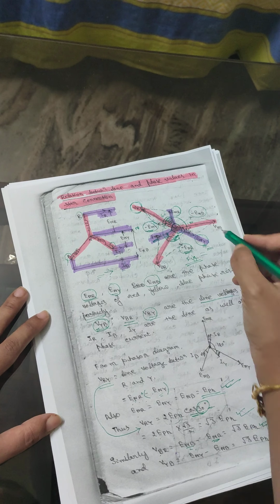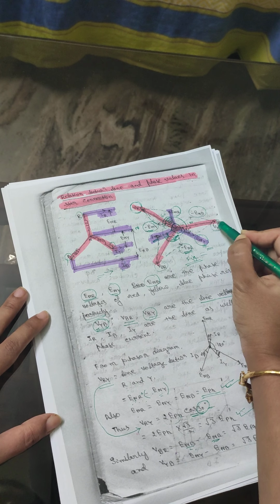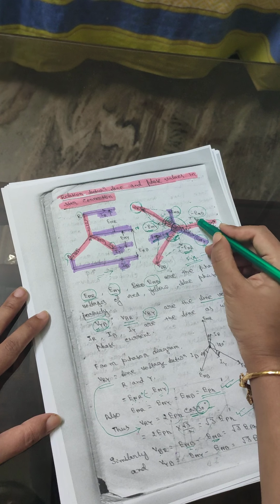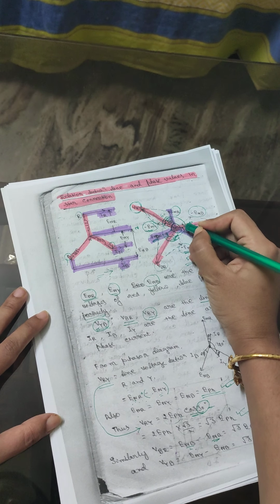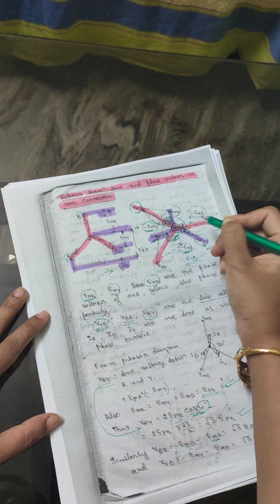Here also for that one, same thing. VYB is the vector summation of ENY plus or minus ENB. That's why that angle is 30 degree and this angle is also 30 degree. So same thing we got here, √3 E phase.